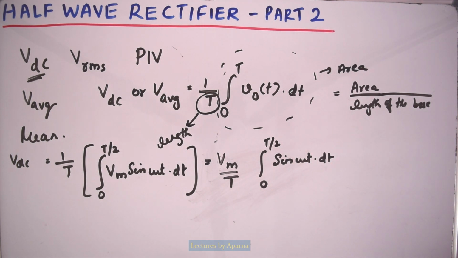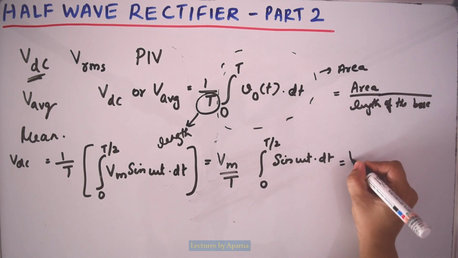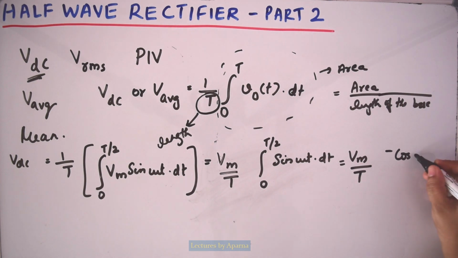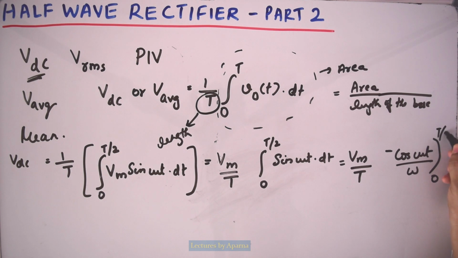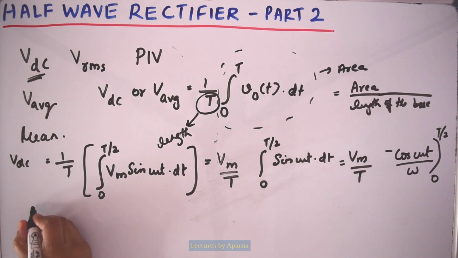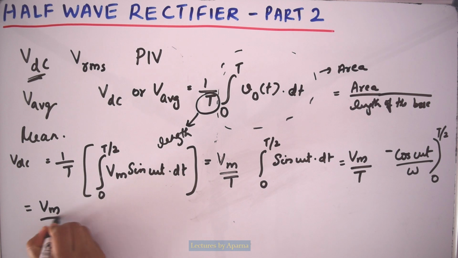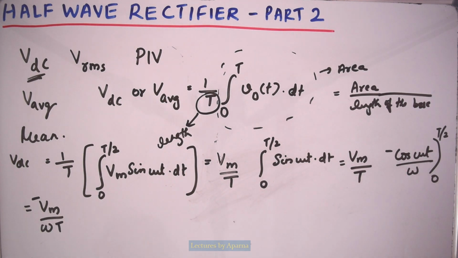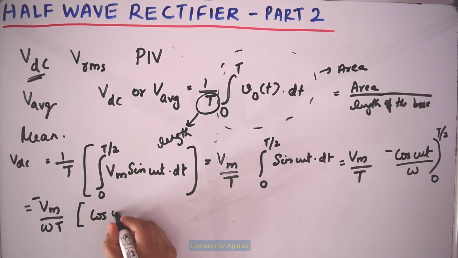Integrating sin omega t, you get Vm by T into minus cos omega t by omega, with limits 0 to T by 2.